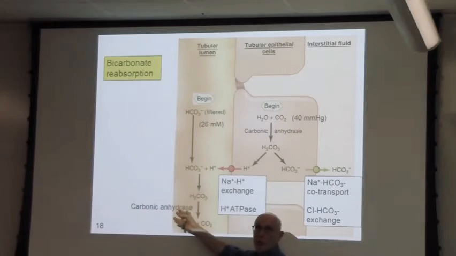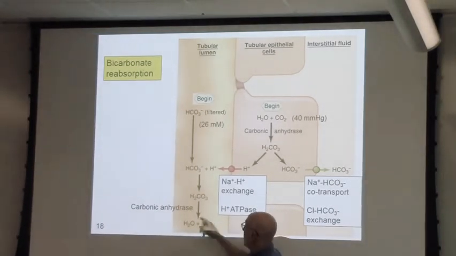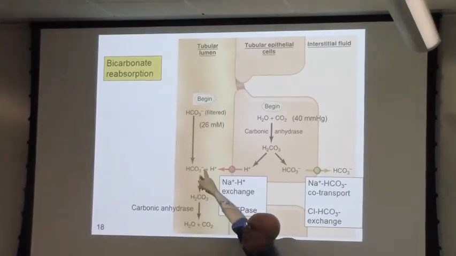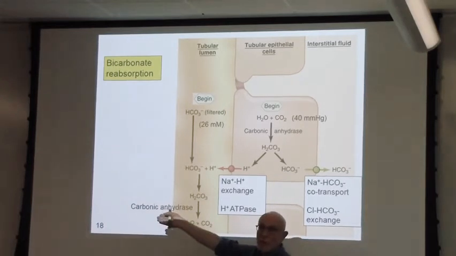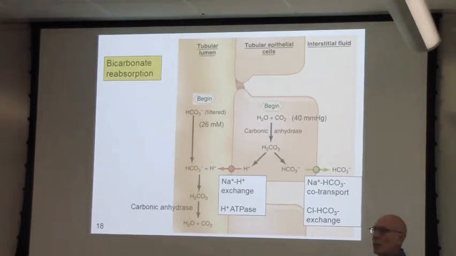Lowered carbonic anhydrase activity, either by a drug or by expression, will decrease this rate, will increase the excretion of bicarbonate, which is what we're trying to do. And that's why Diamox can be used in the setting of altitude sickness, to help the body do what it would do otherwise, but help it do it sooner and faster.